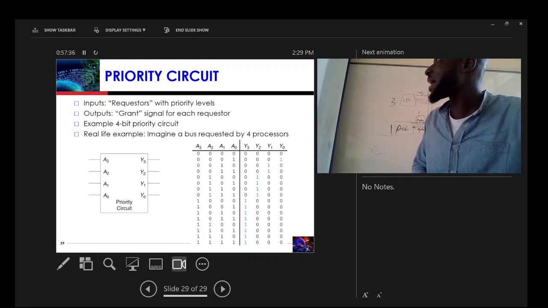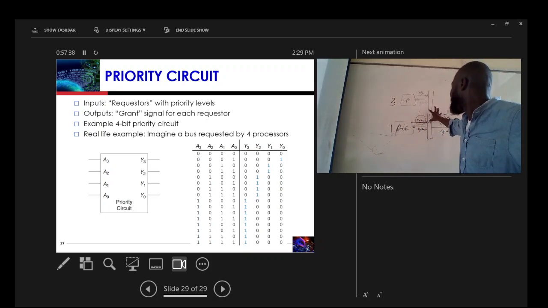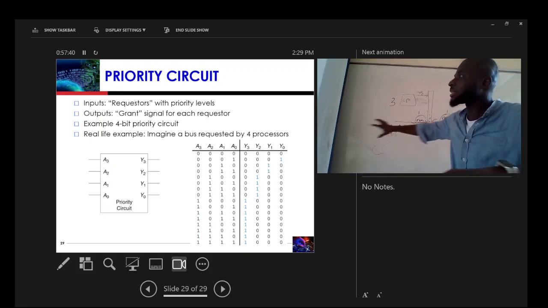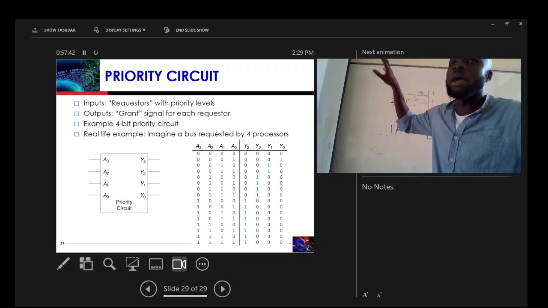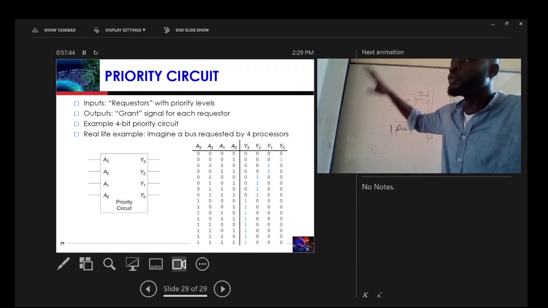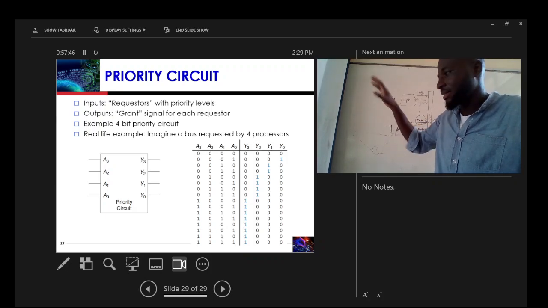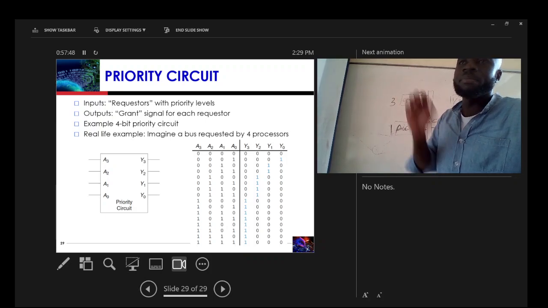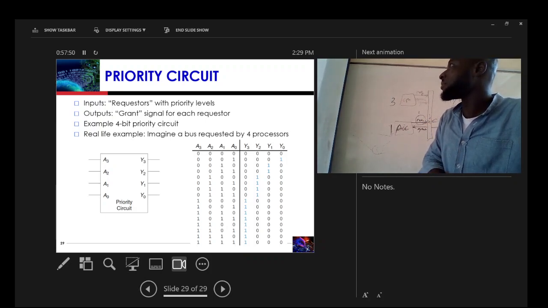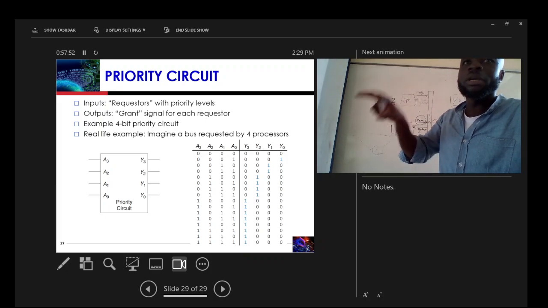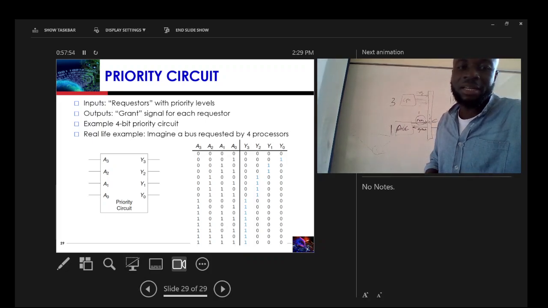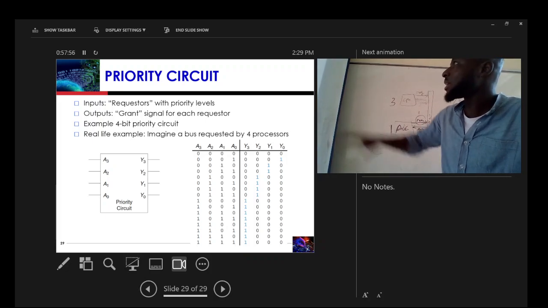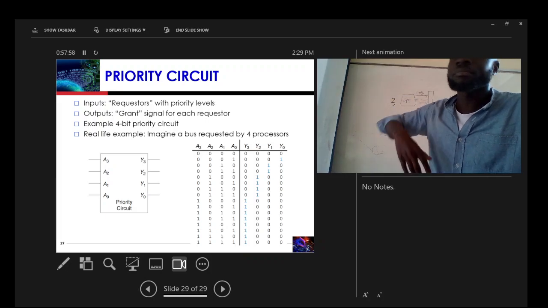Now, within the CPU, what is known as the priority encoder is used to do all of this. It assigns some kind of importance to each of the components. Let's look at the truth table here.